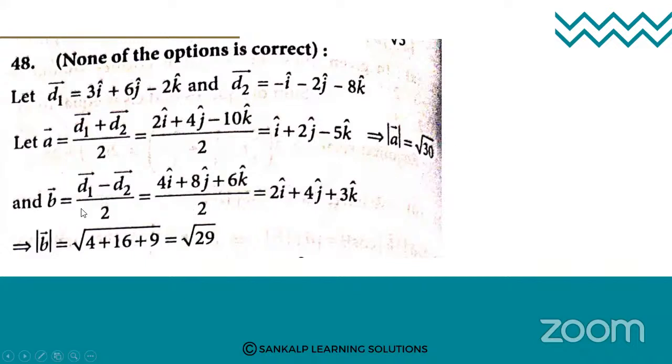Then this is again equal to A. So when we simplify, we get D1 minus D2 is equal to 4i cap plus 8j cap plus 6k cap upon 2. So it is 2i cap plus 4j cap plus 3k cap. On simplifying, we get mod B is equal to root of 4 plus root of 9, which is equal to 2 upon root 29, is the final answer.